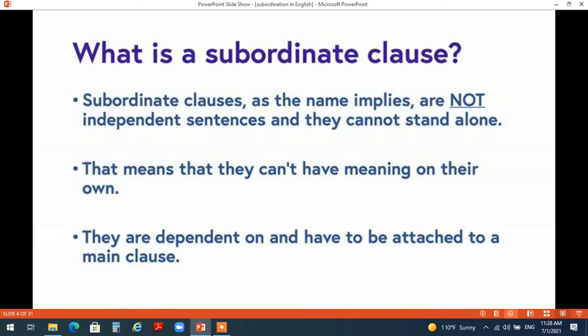They are dependent on and have to be attached to a main clause. دائما تكون هذه الclauses اللي نسميها subordinate clauses or dependent clauses تابعة إلى العبارة الفعلية الرئيسية، ويكون معناها مرتبط بمعنى العبارة الرئيسية، ولذلك لا يمكن أن نستخدمها كعبارة أو كجملة مستقلة. This is what we mean by a subordinate or dependent clause.